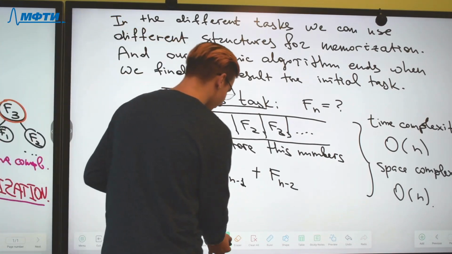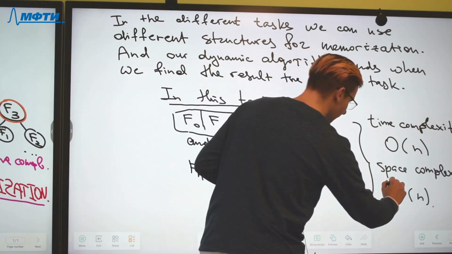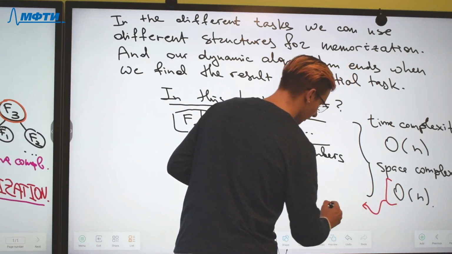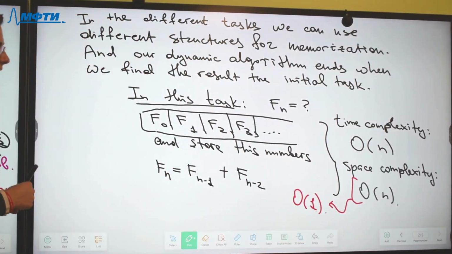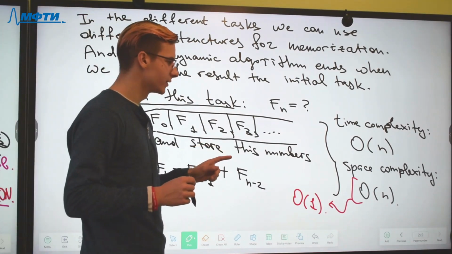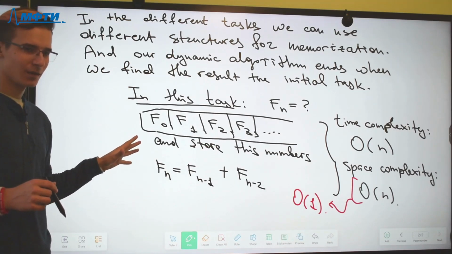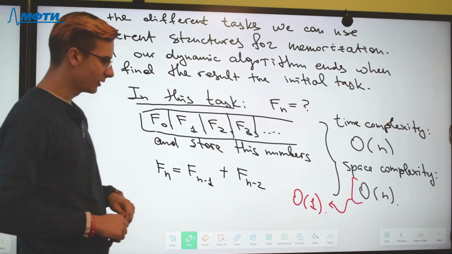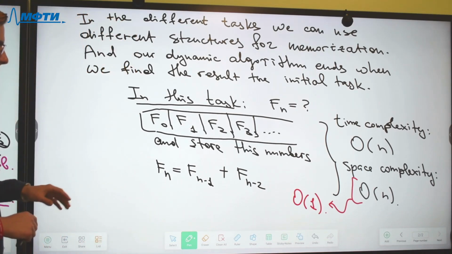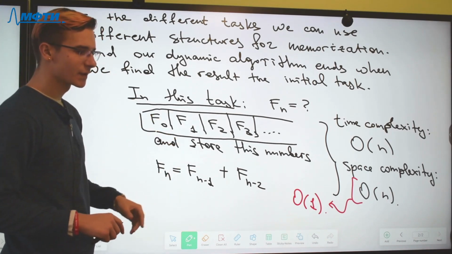And then we change this asymptotic complexity to O from 1. And of course it will be better, but it works only due to this very simple task. And in other tasks, we cannot upgrade it by decreasing the number of stored numbers.